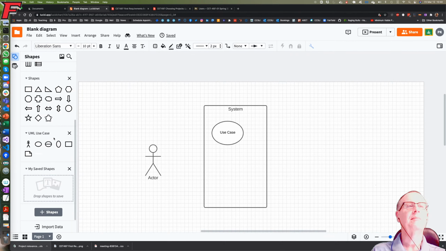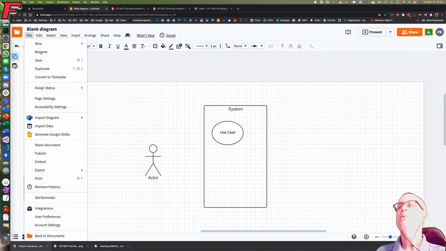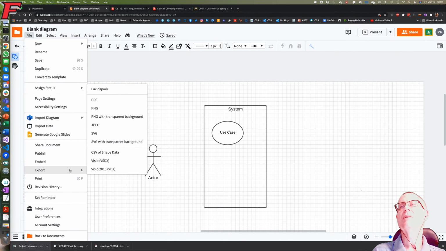So that's pretty easily available, and you can export into various formats: PDF, PNG, JPEG, SVG.